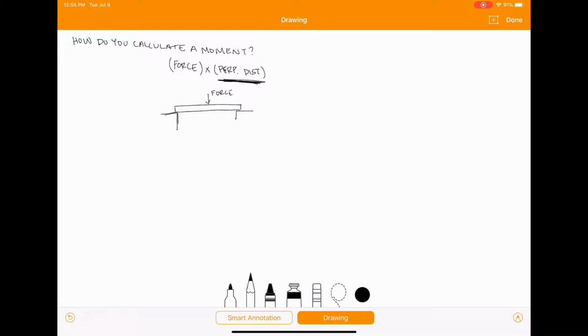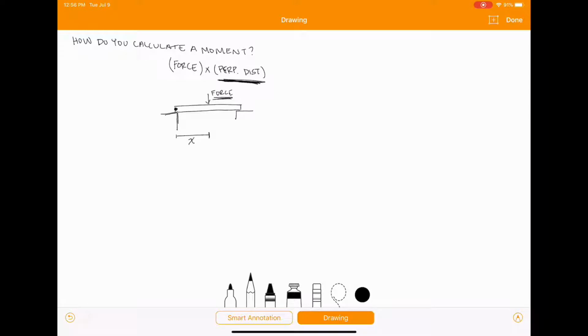Now, we want to know the moment about the end of the beam. So we're going to take this force right here and multiply it by its perpendicular distance to that point.